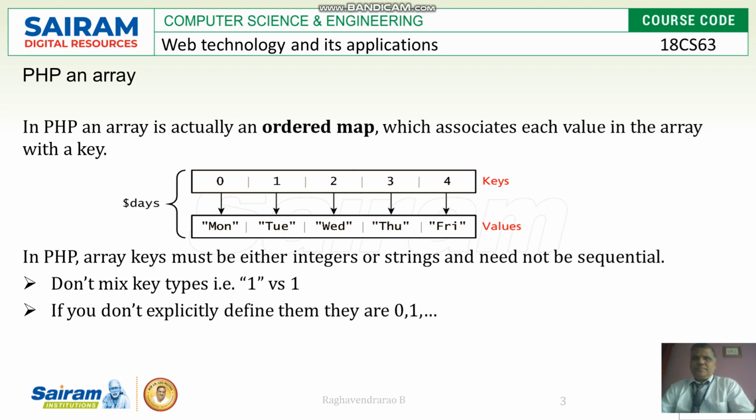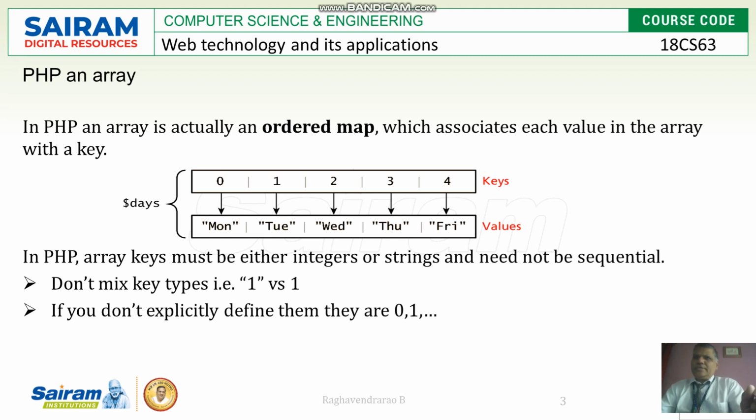Let us define the array now. Here an array is an ordered map. Map means the index will be there and the values will be there. So the keys and values format is called associative. Here $days is assigned. $days is the array, so it is going to have the keys and also the values.